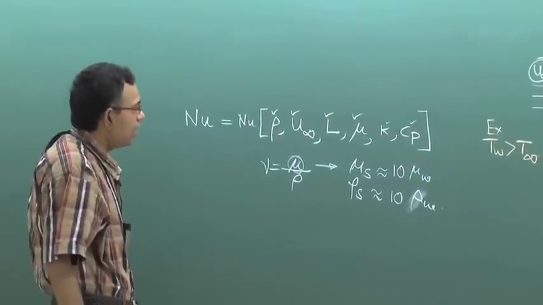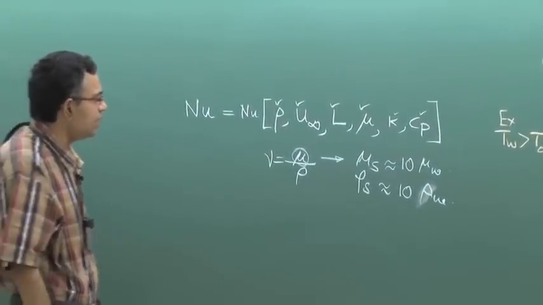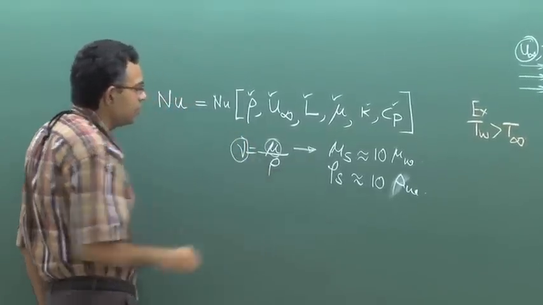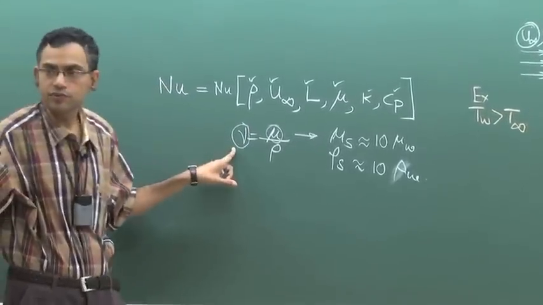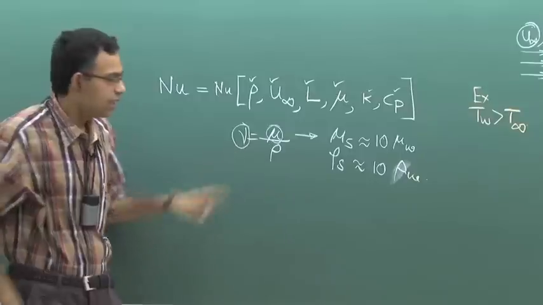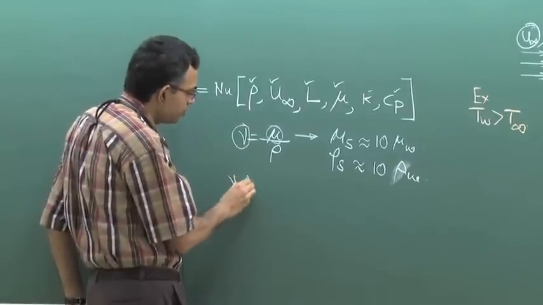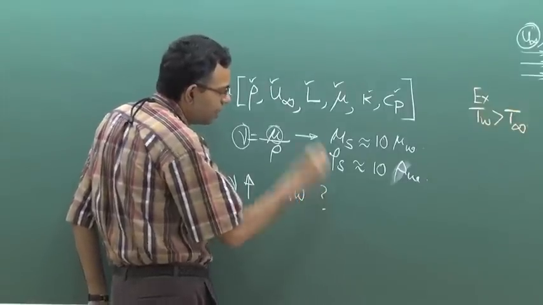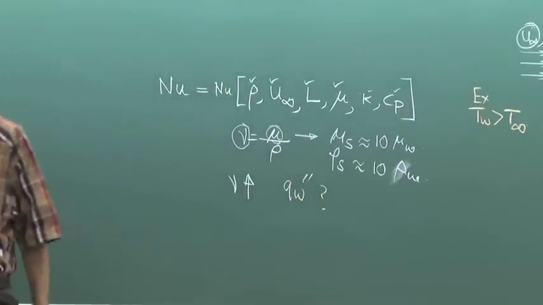Now, we have to understand what will be the role of this mu. That is, if you increase this mu, what will be the wall heat flux? Will it increase or decrease?